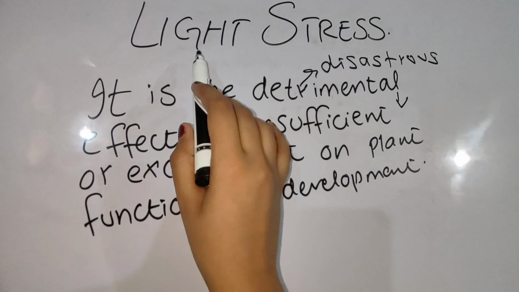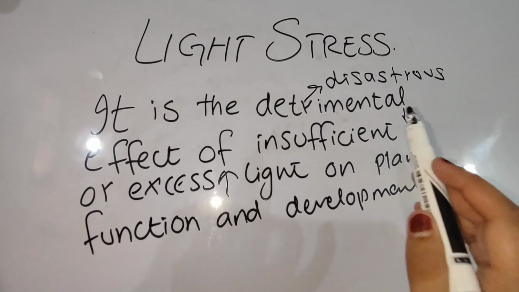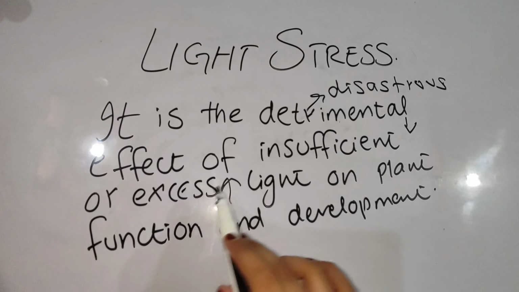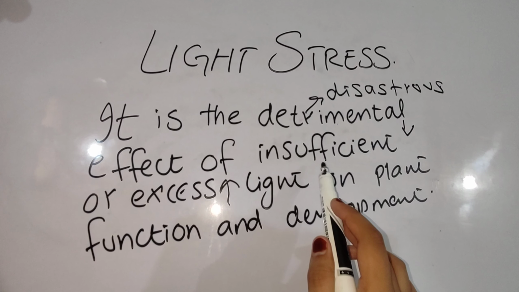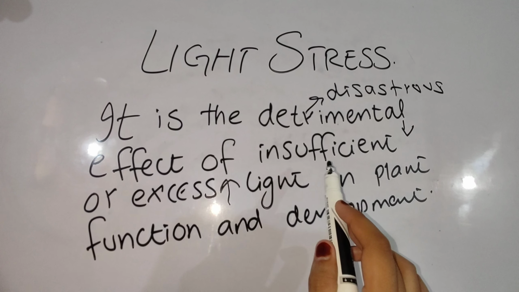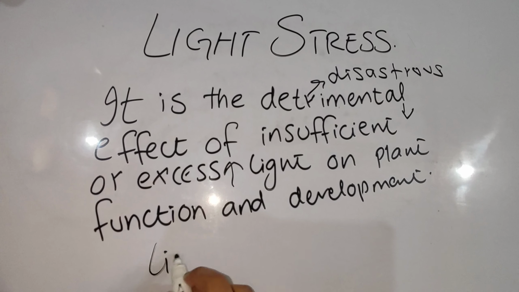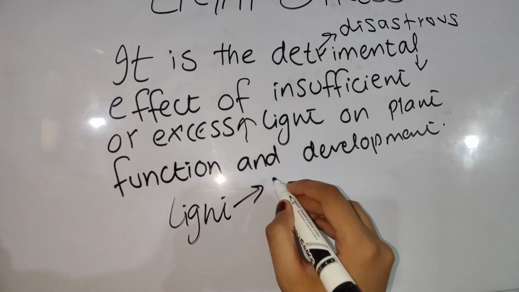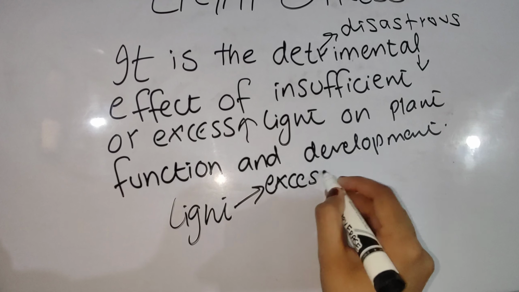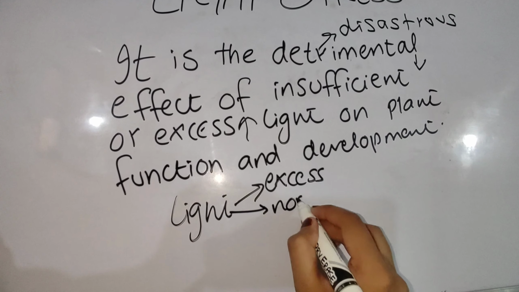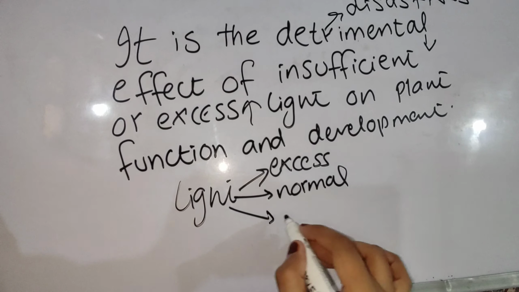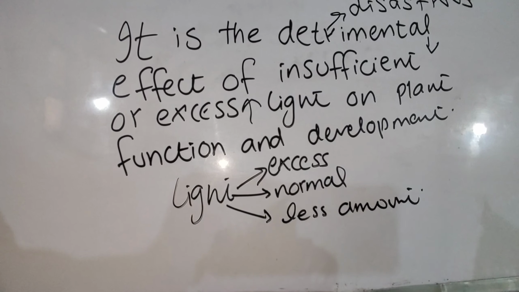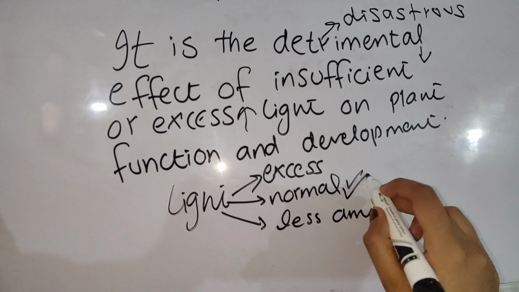Light is going to disturb a plant's function and development either in excess amount or when it is insufficient. Light comes in three types: excess, normal, or less.